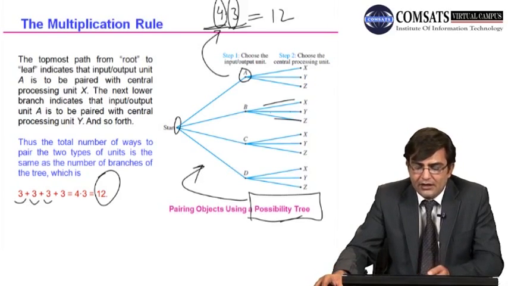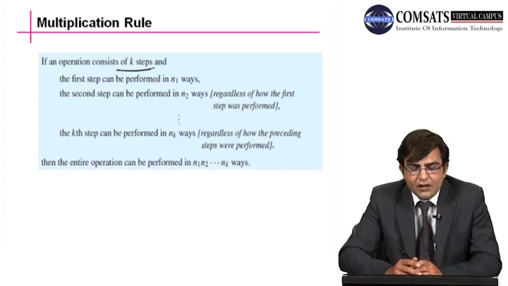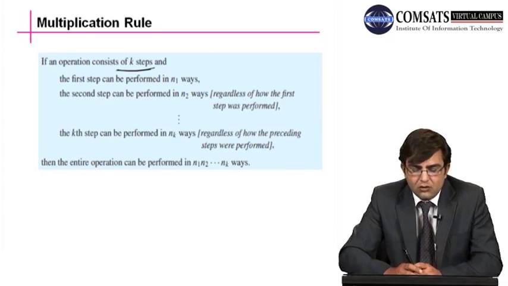Here we suppose that at the first step we have n1 possibilities or ways. At the second step we can perform, or there are, n2 ways or n2 possibilities.